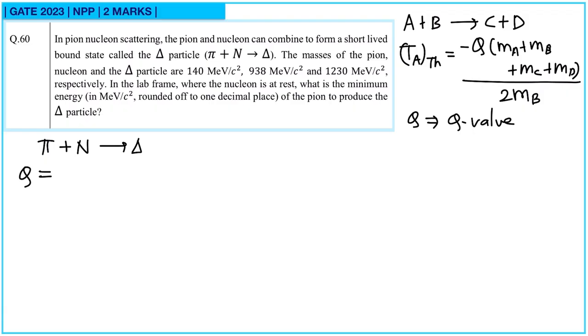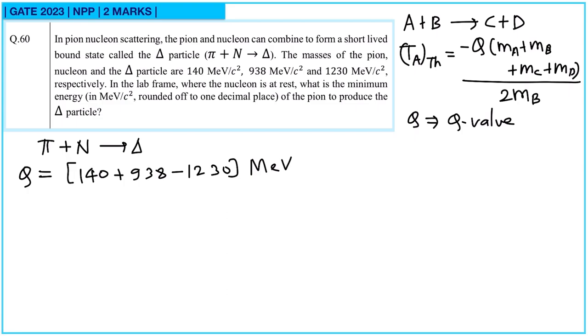So let us calculate this. Q is the mass of reactants minus the mass of products. For the pi particle it is 140, for the neutron it is 938, minus 1232, in mega electron volt by c square into c square.